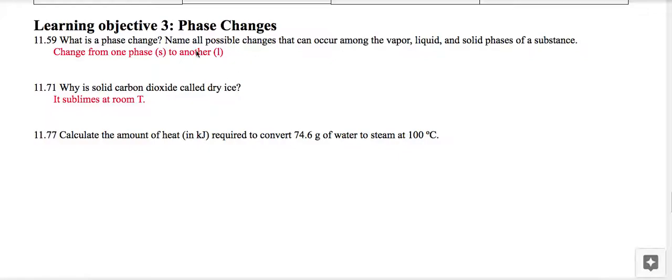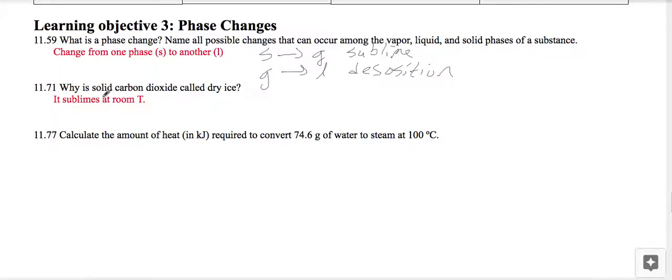So the ones that maybe you don't remember or don't know, if we go solid to liquid, this is called sublimation. And if we go solid to a gas. And then if we go from a gas to a liquid, this is going to be called deposition.